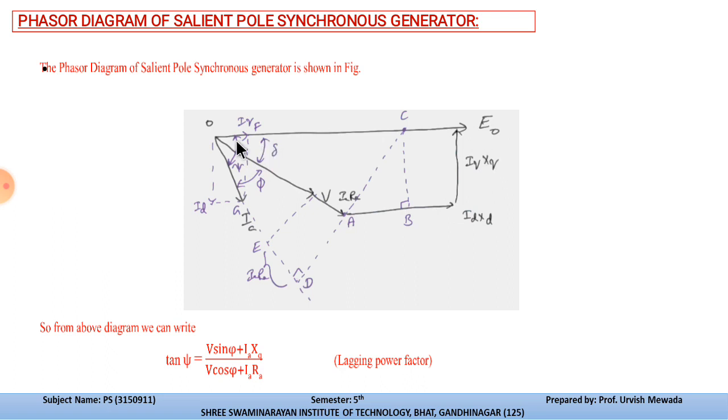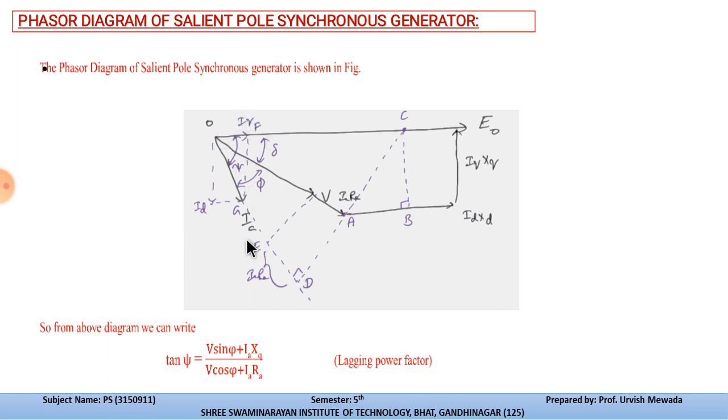This is the addition of the direct axis and quadrature axis reactance drops. Here we have the armature current IA, and we have drawn the two axes: one is the current ID and this is the IQ current. Both are at 90 degrees to each other.